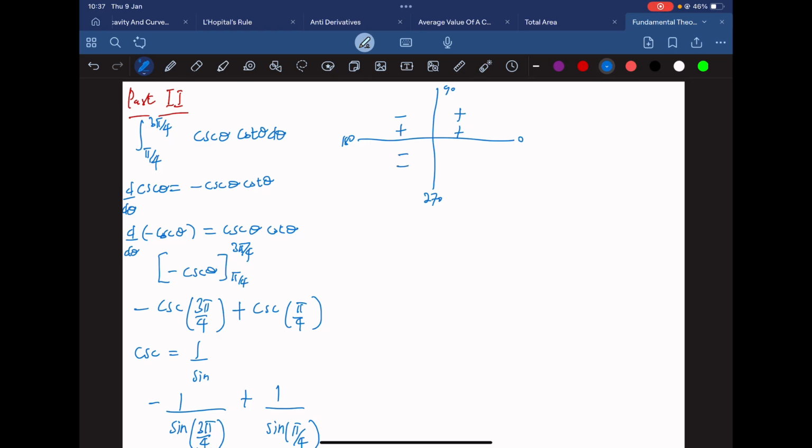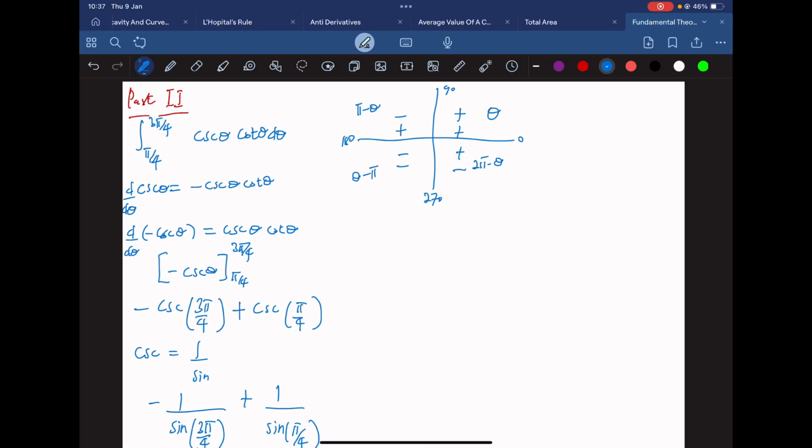And over here, sine is negative, but cos is positive. Okay. And also we have reference angles. We have theta, we have pi minus theta. We also have theta minus pi over here as a reference angle. Then we have 2 pi minus theta right here.